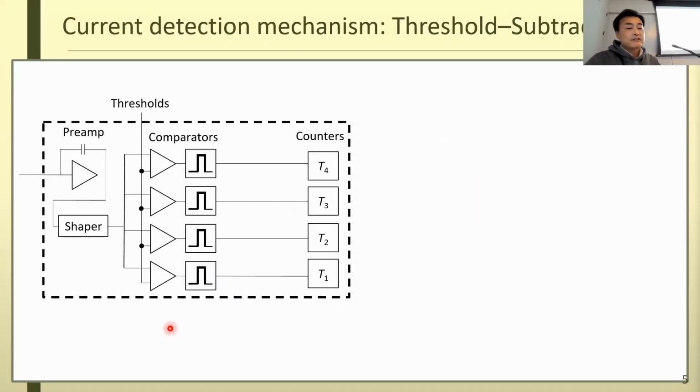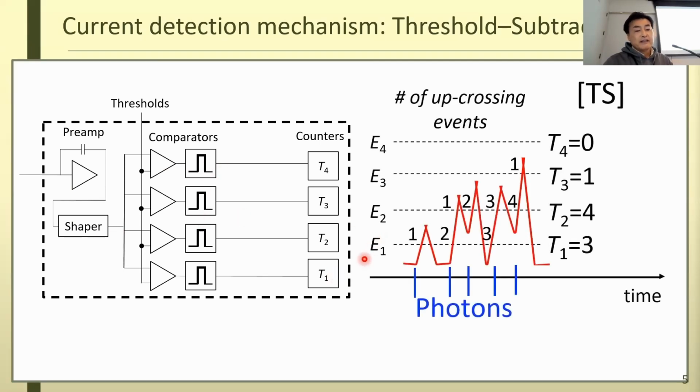So this is the current standard detection circuitry. The pulse comes from the left and is shaped, and the height of the pulse is compared to the energy thresholds set in there, such that T1 counts the number of up-crossing events of the set threshold: 1, 2, 3, and so on.